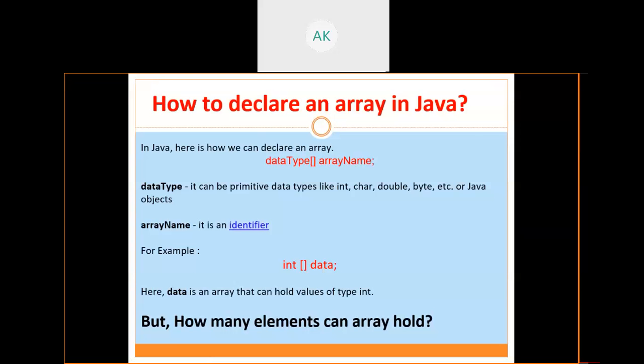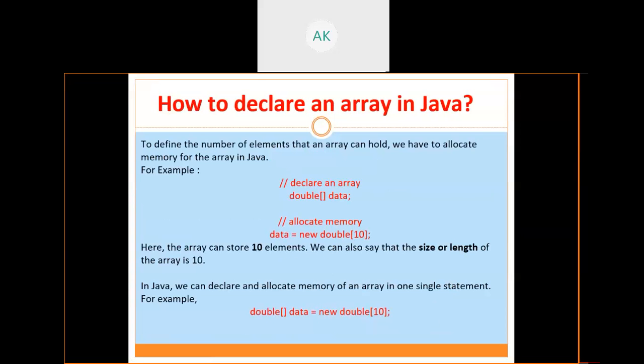In order to specify the size of the array, we have to make use of the new keyword, and then we need to specify the size of the array. How can we do it? We can do it like this. Let's say I declare the array of type double, which has the name data.